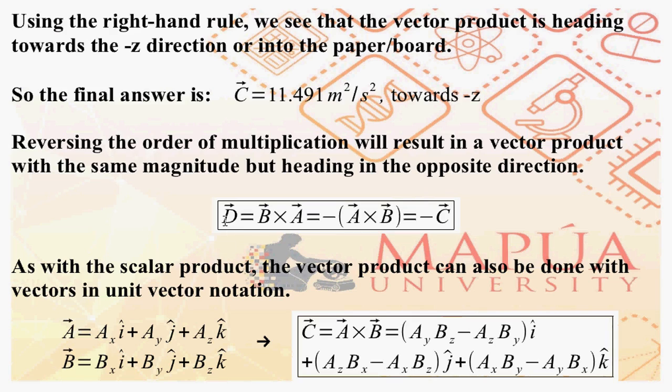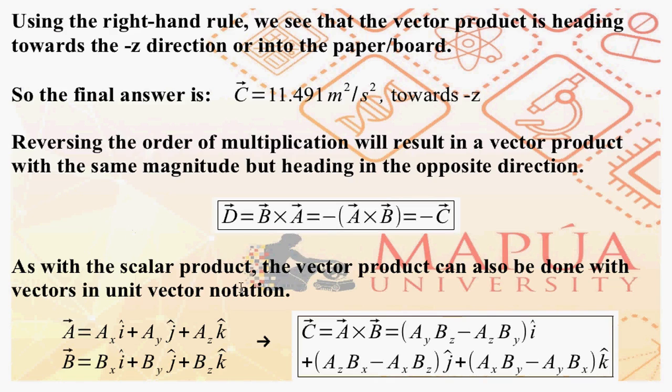So, if vector D is B cross A and vector C is A cross B, B cross A is the reverse order of A cross B. So, B cross A is equal to the negative of A cross B. For the negative of a vector, the magnitude will be the same, but the direction will be reversed. So that means if D is equal to B cross A, and C is equal to A cross B, D is equal to negative C.